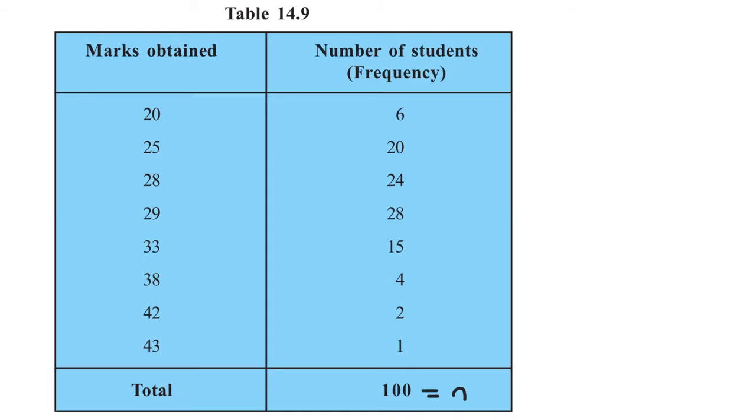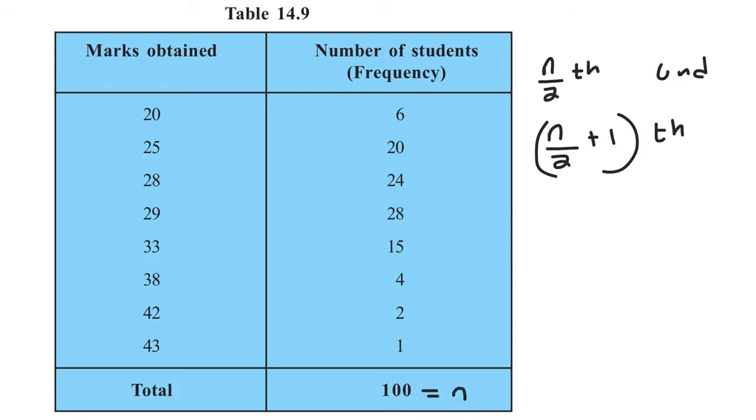So the median, since n is even, will be the average of the n/2th term and the (n/2 + 1)th term. So our median is going to be the average of these two terms.